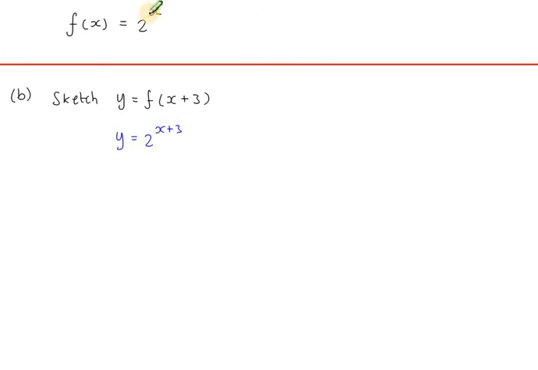Part B, in this one we're replacing x with x plus 3. If we had f of x, it's now f of x plus 3, which means we're looking at a translation in the negative x direction by 3 units.